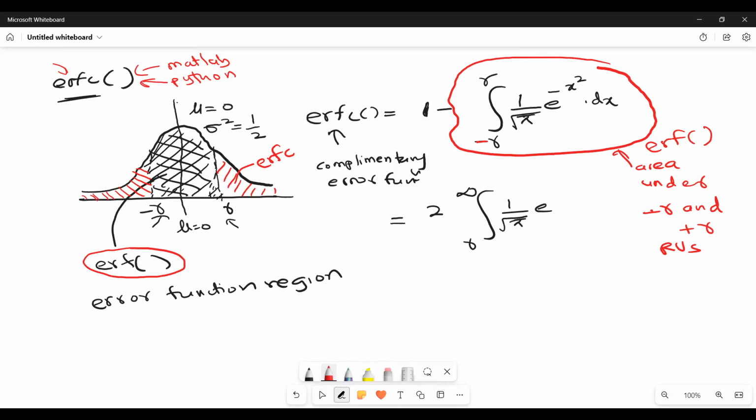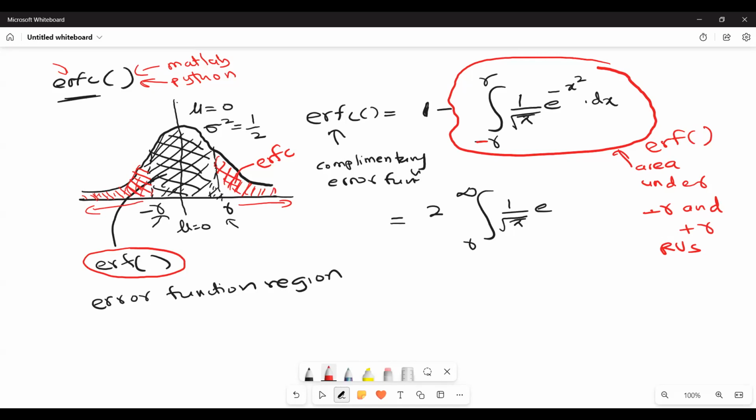All the rest of the areas apart from the middle area will fall under the ERFC value. If I find the ERFC value of gamma, it will give the area under the curve which is above gamma and below minus gamma. So the sum of these two areas will be given by this ERFC function, right?